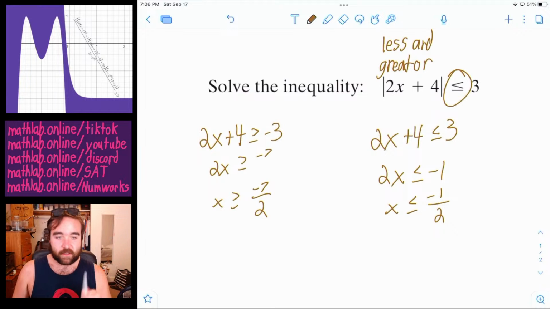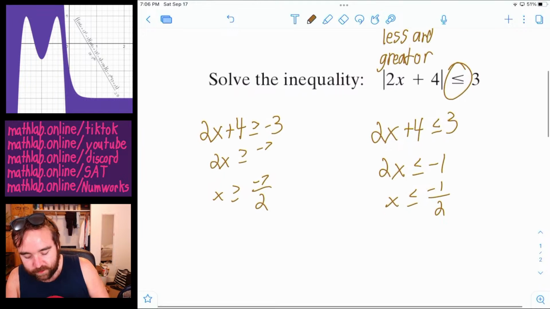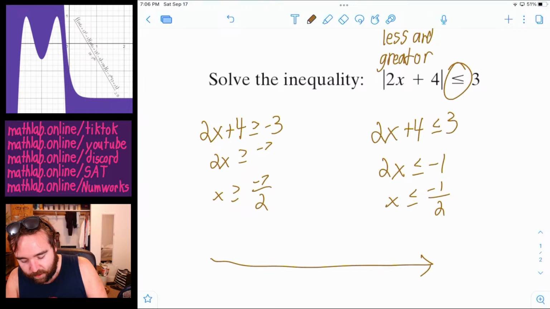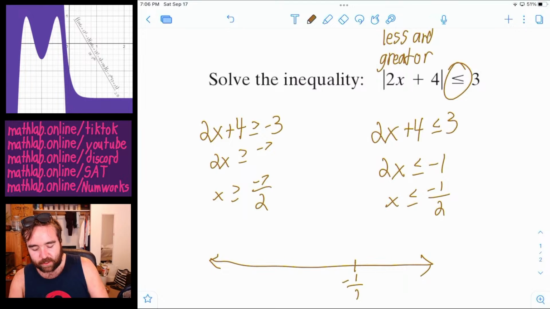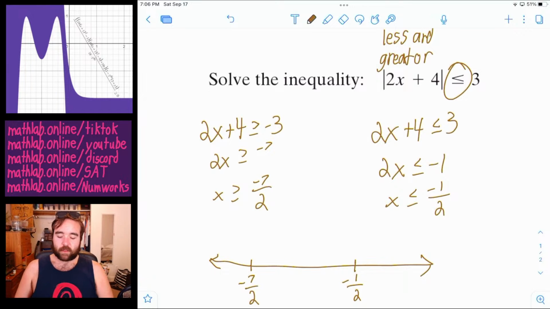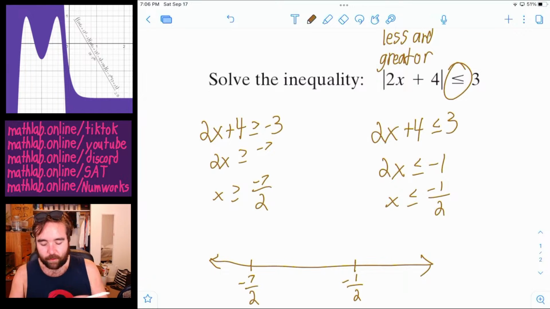This one is the absolute value is less than 3. So that means we need them both to be true. So let's look at these. So we're going to have, let's see, where did they even go? So you want the bigger number on the right. So that's actually negative 1 half. Negative 7 halves is less than, so it's on the left. And think about what we have.